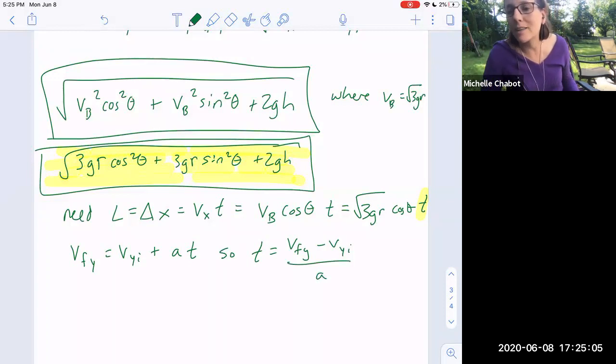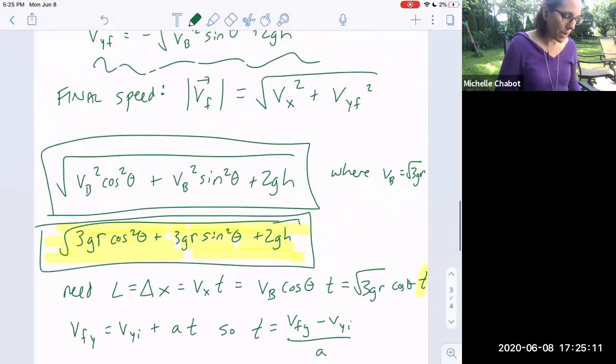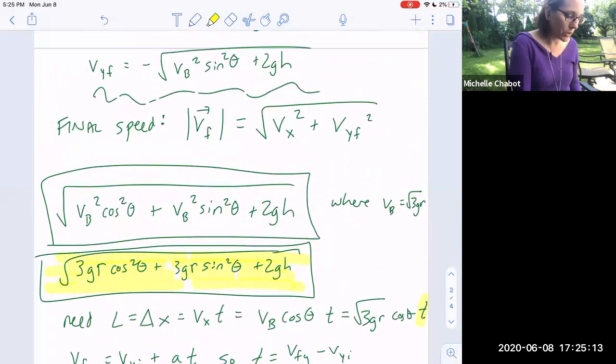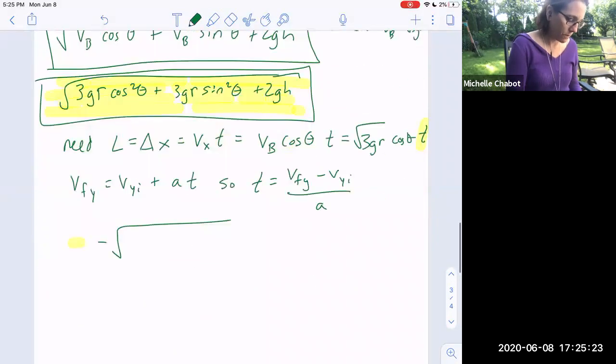And this is where the fact that I needed to take Vy final to be negative in order to get the right value here. So Vy final is shown at the top. And so Vy final would be negative square root of Vb squared sine squared theta plus 2GH.